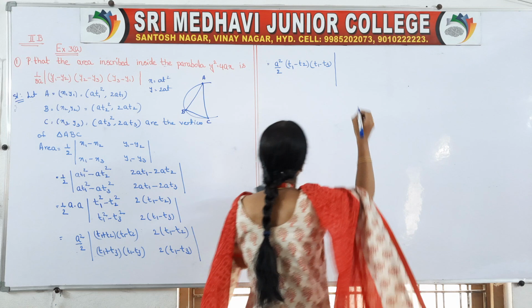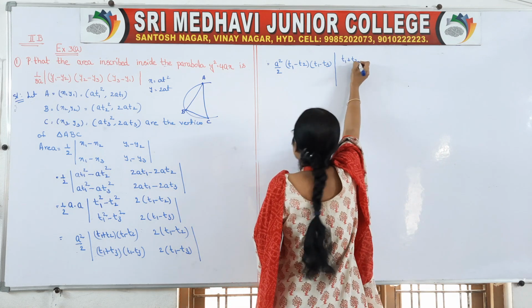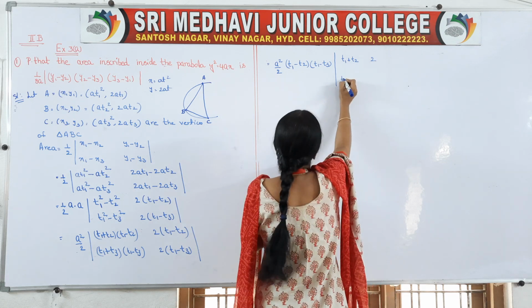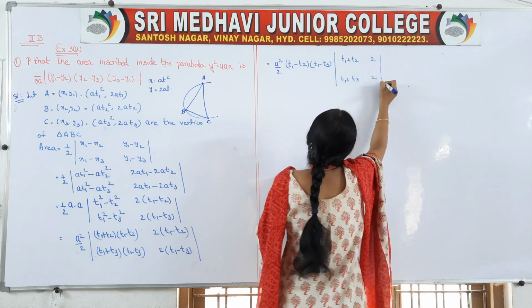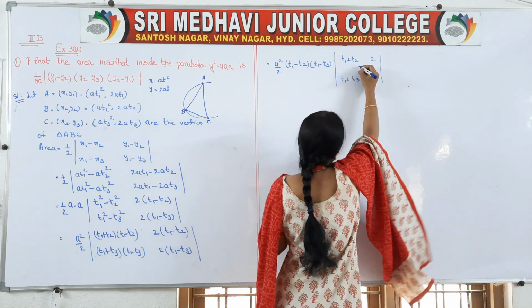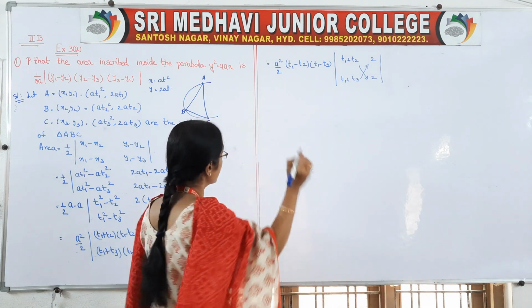So what is the leftover value? It is t1 plus t2 and 2 will be there in the first row, and t1 plus t3 and 2 will be there in the second row. And you know how to find this determinant, right? AD minus BC form.